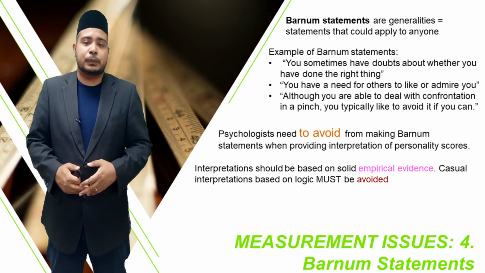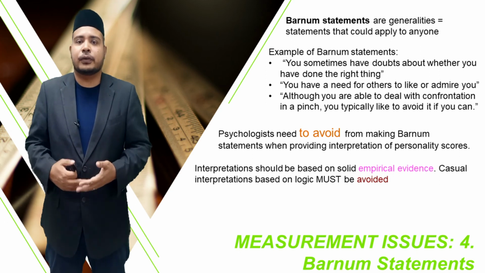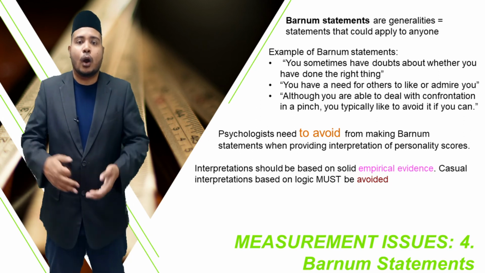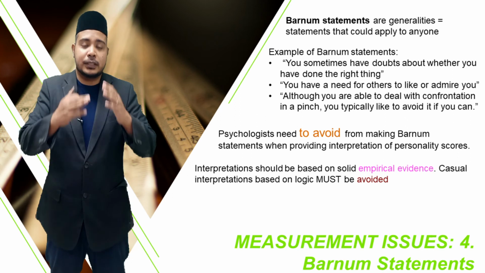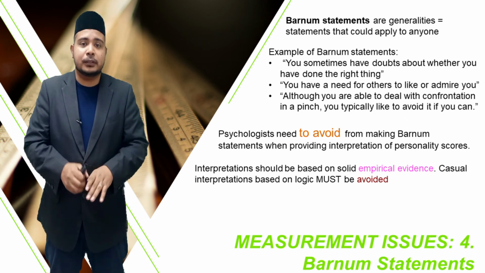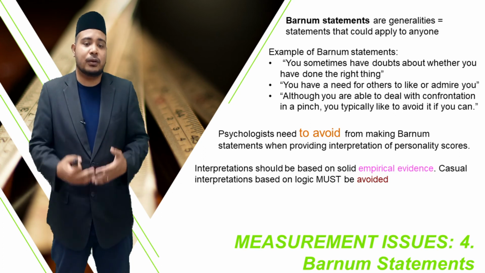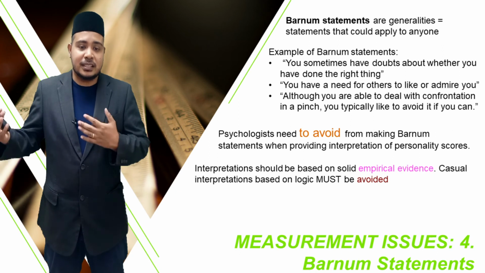What is the difference between people who have high extroversion and high introversion, or high openness or high neuroticism, for example? Because these statements are applicable to everyone, there is no difference. There is the danger, the risk, of making Barnum's general statements.